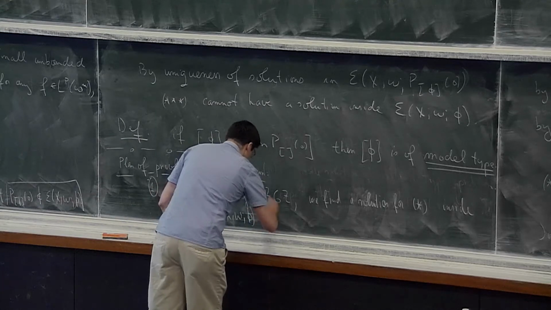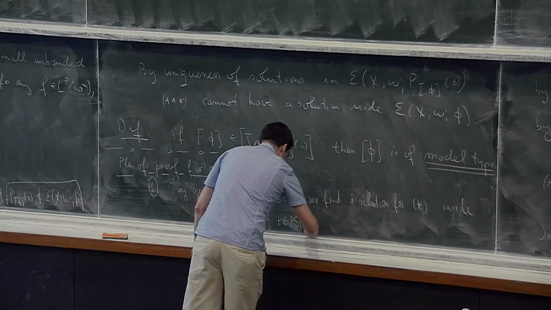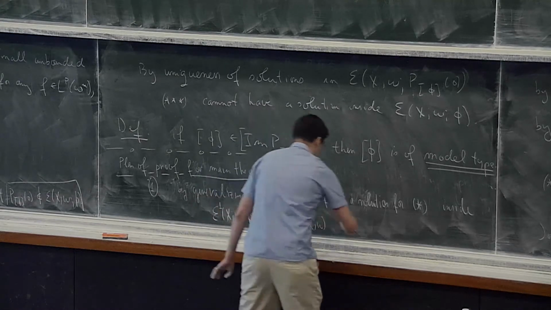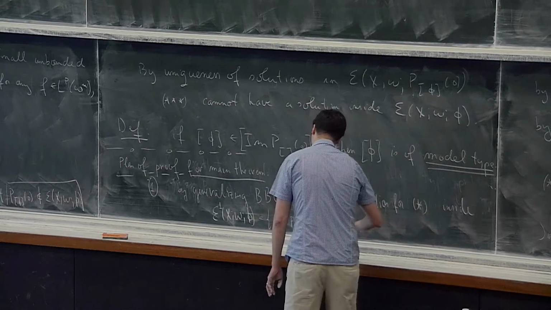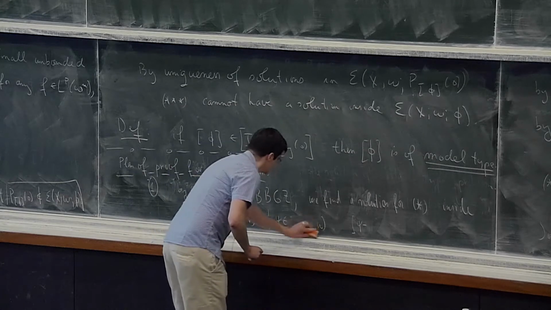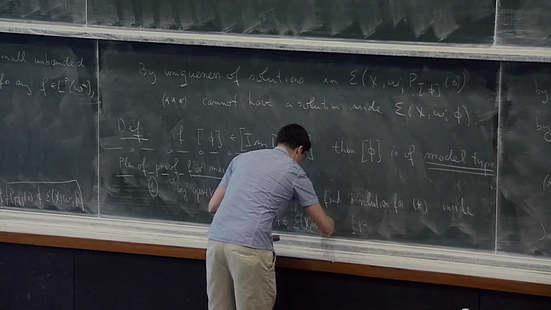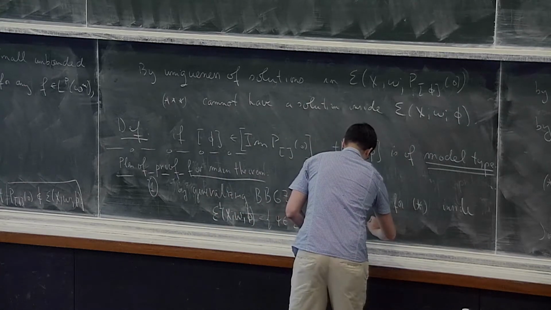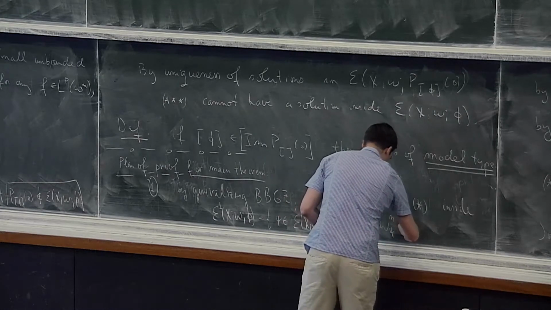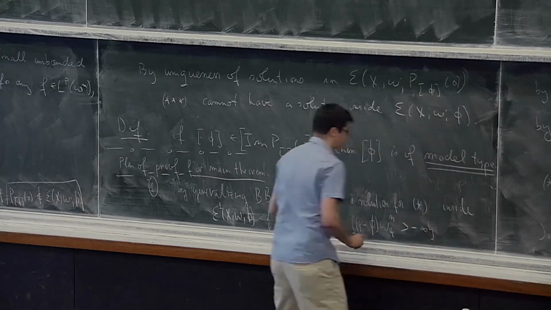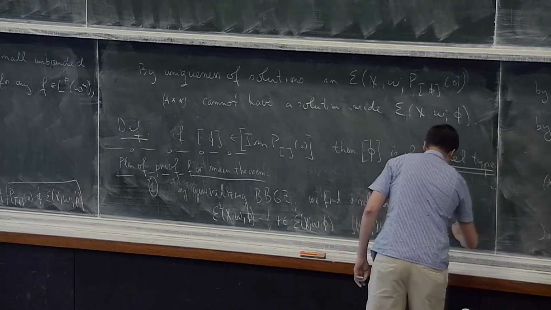So this is all omega-PSH functions that satisfy this condition. So psi minus, so I just want them from E. So trivially, this is inside the relative full mass class.